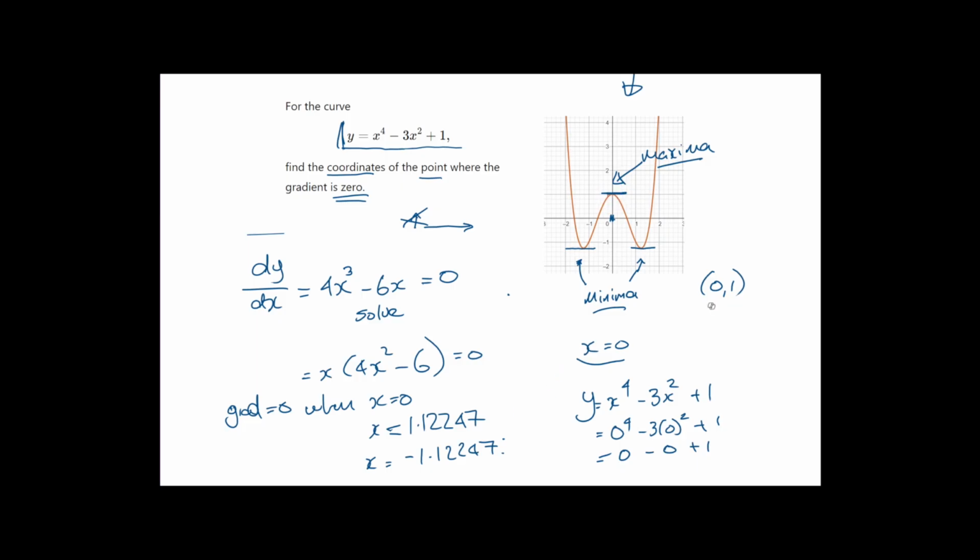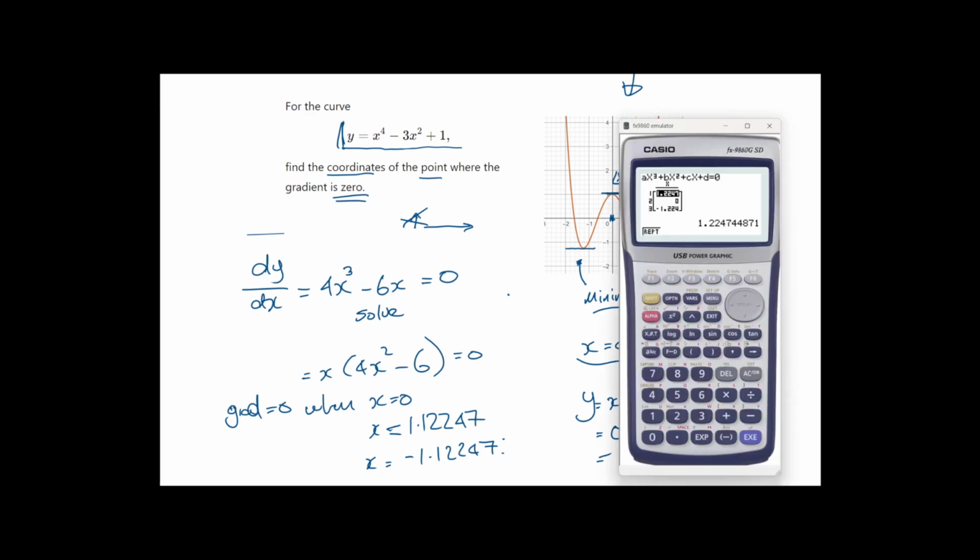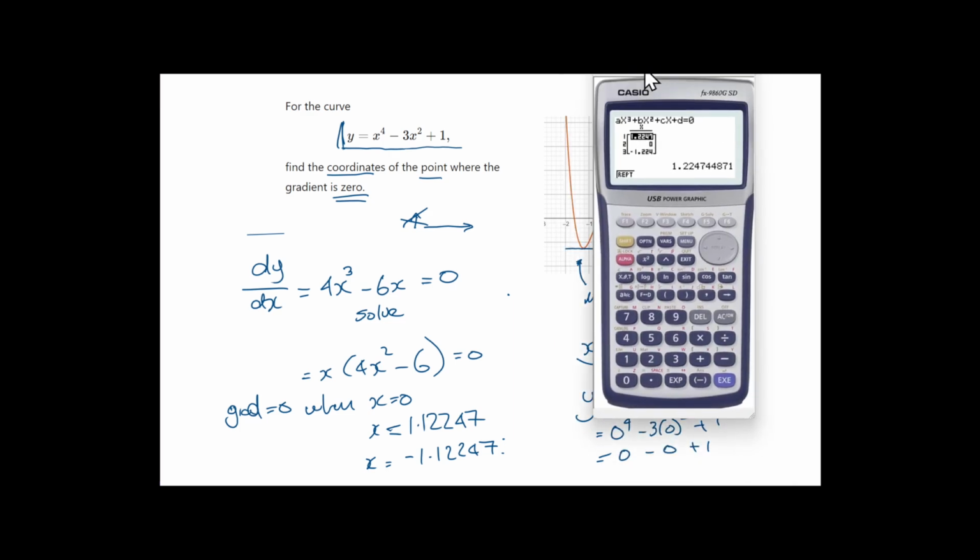Let's use the calculator to find the actual turning points for the other ones, but let's use the graphing function instead. So we would come along to graph, we would put in the original function, so x to the power of 4 minus 3x squared plus 1.